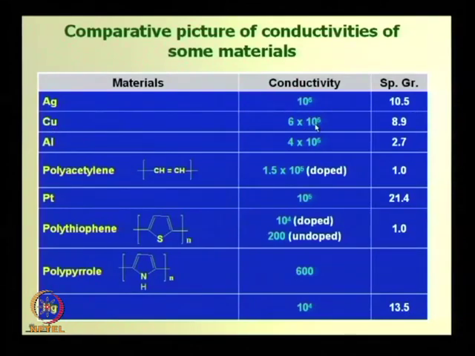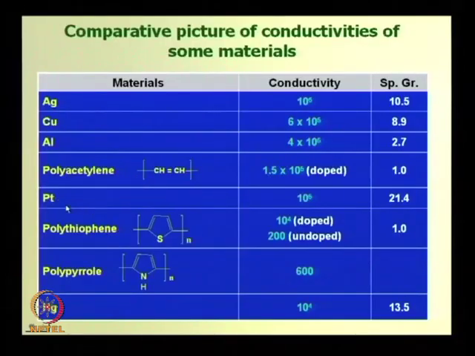Copper 6 into 10 to the power 5, aluminum 4 into 10 to the power 5, polyacetylene in doped condition has almost achieved metallic conductivity. And platinum 10 to the power 5.